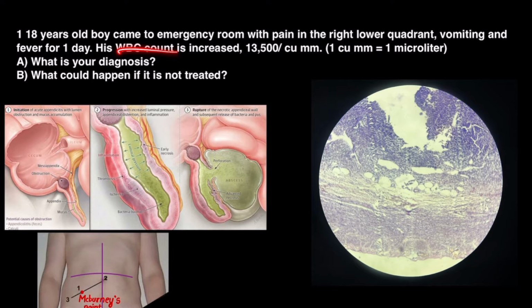What about the WBC count? Within the appendix, it's not just mucus that is present. There are bacteria or normal flora that is present as well, like E. coli. So this bacteria is entrapped within the appendix as well. The bacteria grows in number and has nowhere to go. In order to control these bacteria through inflammation, come your soldier or neutrophil cells.